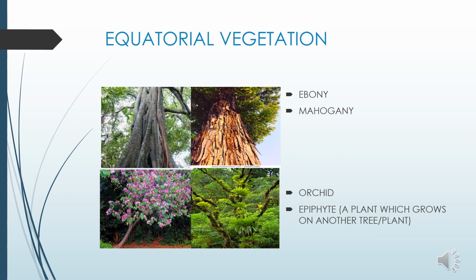The examples of some of the trees found here are shown in the pictures. The first is ebony, the second is mahogany, the third picture is of an orchid, and the fourth is a kind of epiphyte. An epiphyte is a plant which grows on another tree or plant.